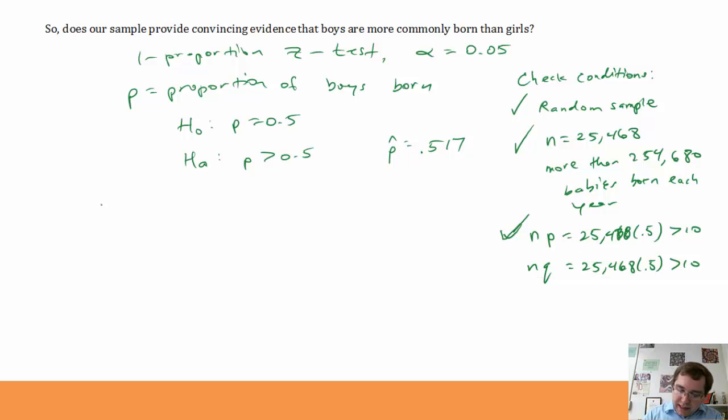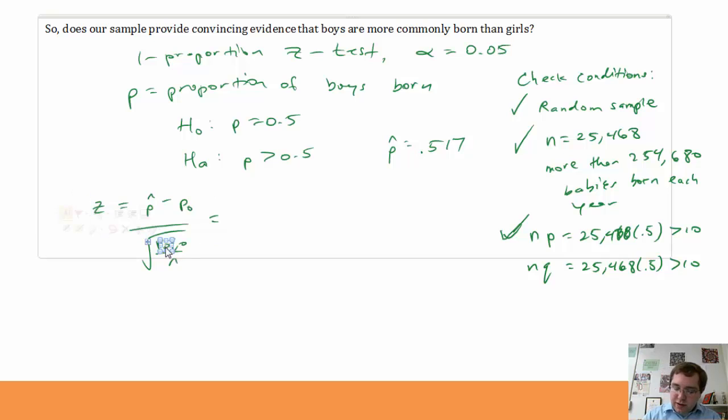Well, the next step then is to find that Z statistic. We have the formula. Z is P hat minus P naught over the square root of P naught Q naught over N. P naught and P are the same thing here. Don't be confused by that notation.